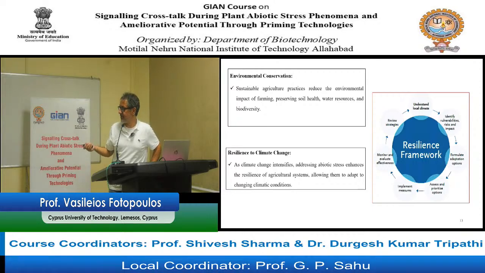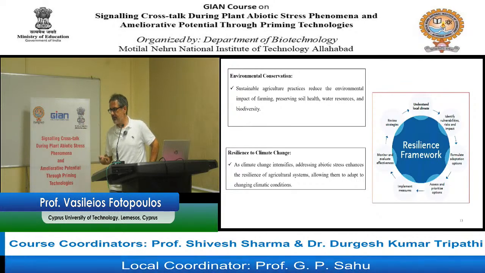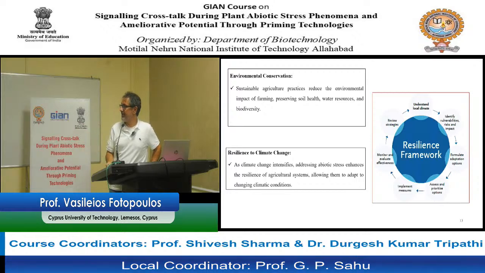So this, as you can see, spans from the understanding of the local climatic conditions that are relevant to the crops of importance for each region, because for India, the crops of importance are of course not the same as the ones that are grown, for example, in Sweden. One needs to identify a number of risks, impacts, as well as vulnerabilities. So basically, it is the risk assessment approach.